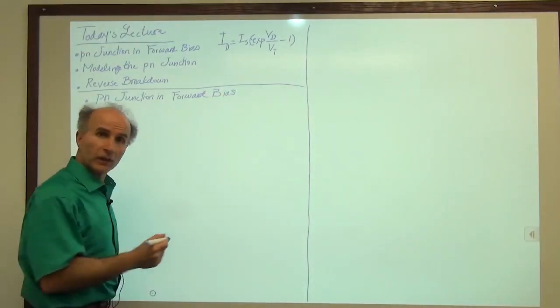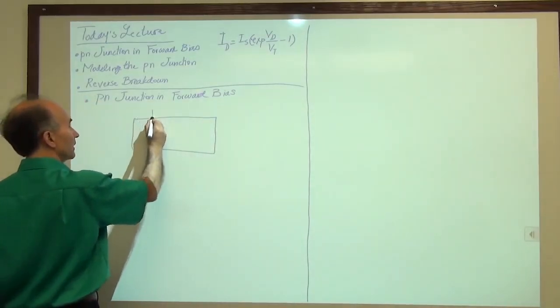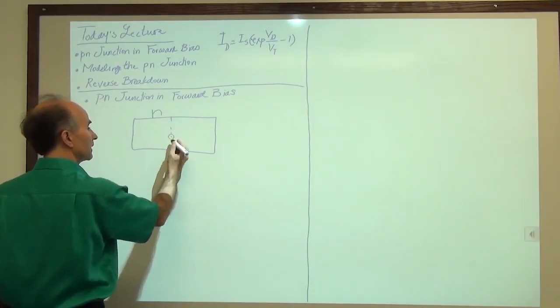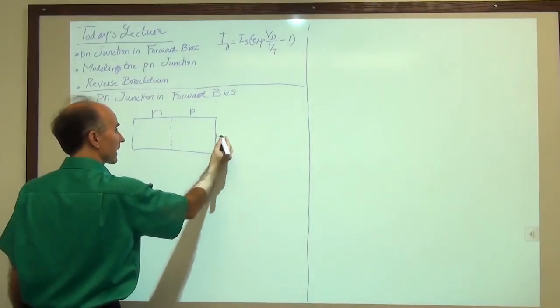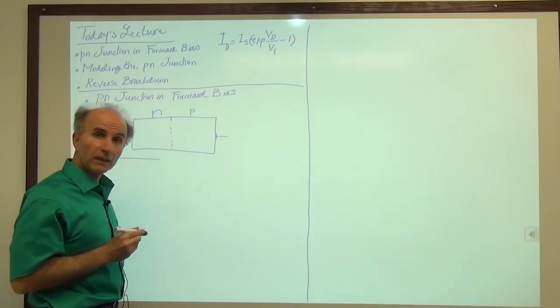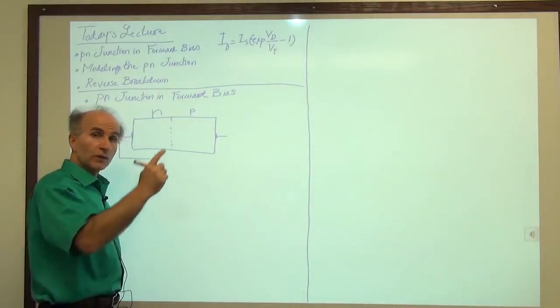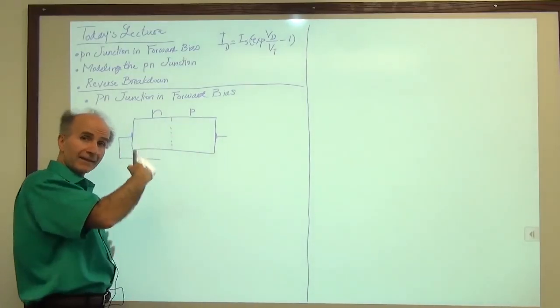Well, we take a p-n junction as usual. So here's our p-n junction, N on the left, for example, and P on the right. And we connect a battery from outside. But this time the battery is connected such that its positive terminal goes to the P side of the junction, and its negative terminal goes to the N side of the junction.